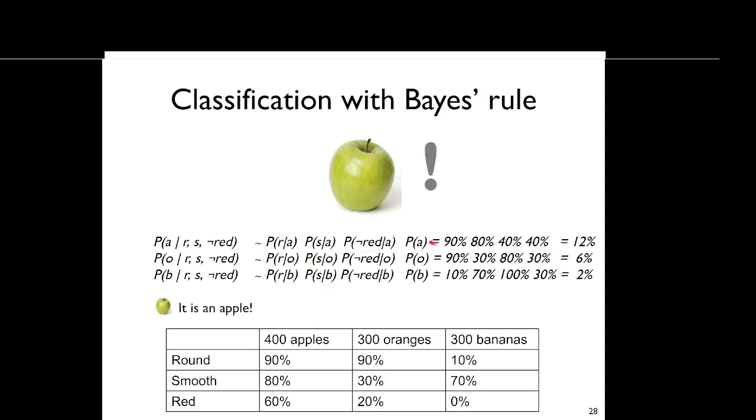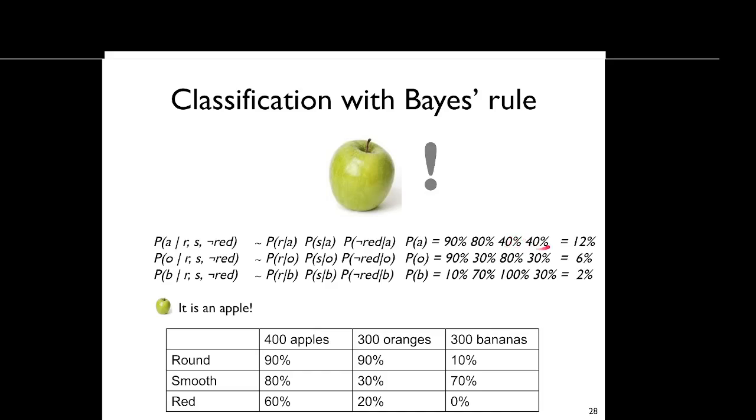Now moving on, here we can put the equal symbol because we just inserted the values from the table. So round given apple is 90%, see it over here. Smooth surface given apple is 80%, so that's 80% over there. Not red given apple: red is 60%, that means not red is 40%, and that's those 40%.